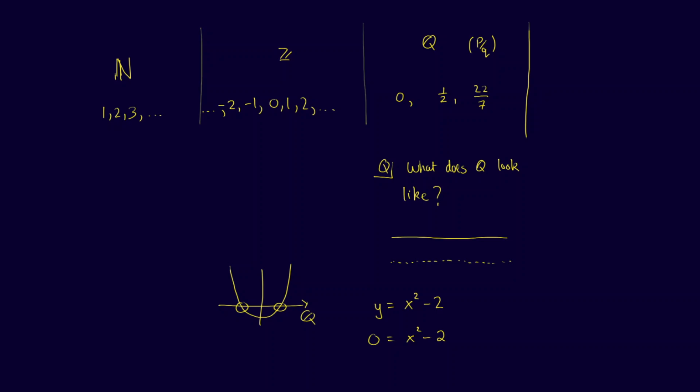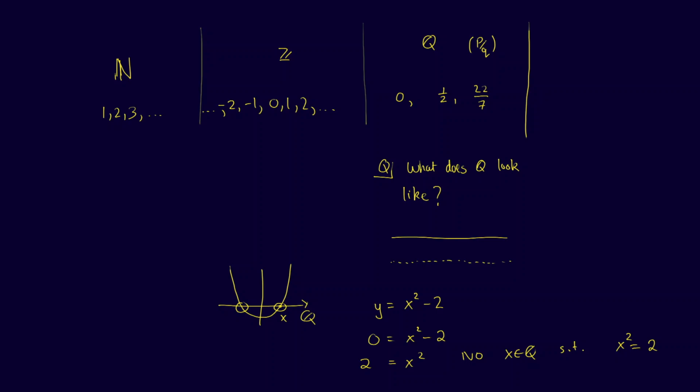So we're asking, is there a rational number x such that when I square it, I get 2? Which is the same as finding a root of this quadratic. The answer is no. There is no rational number whose square is equal to 2. In other words, the square root of 2 is irrational.